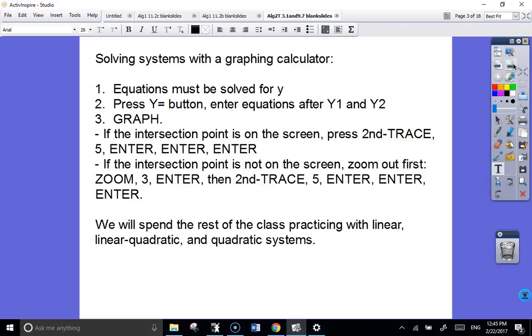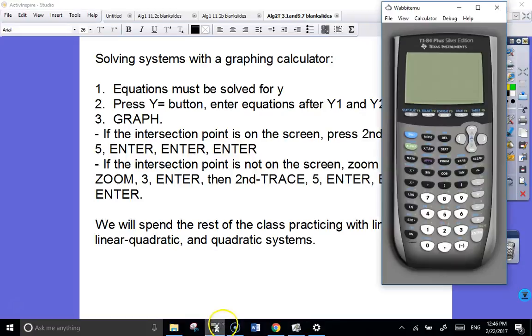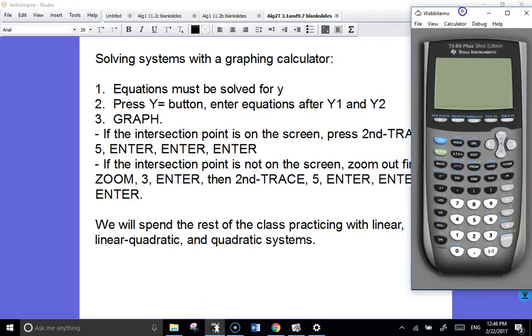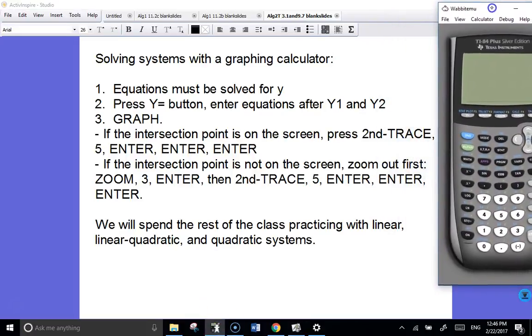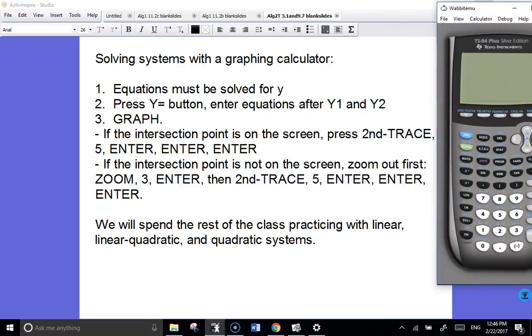Okay, so these are the steps. First, in order to use the calculator to solve these equations, you've got to put them in the calculator, using the y equals button. Of course, the equations have to be solved for y first.